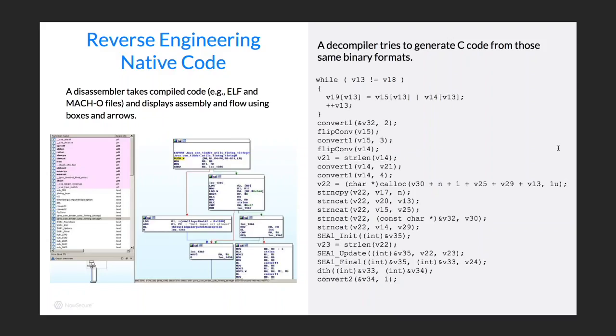You've got a list on the very left with some function names, imports and exports, and then a graphical representation of the program flow. The disassembly is a really accurate representation of what is in the binary and what's going to run on the machine. That's one of the important things to take away here.